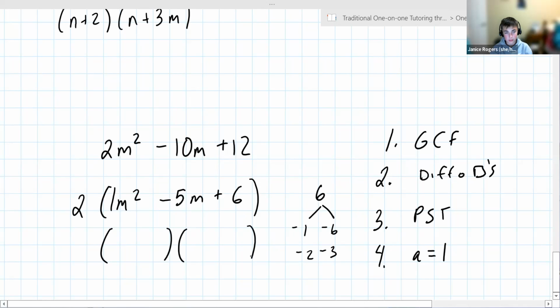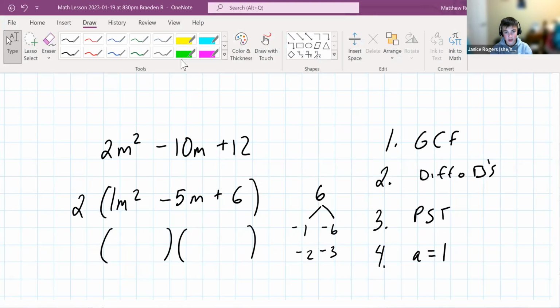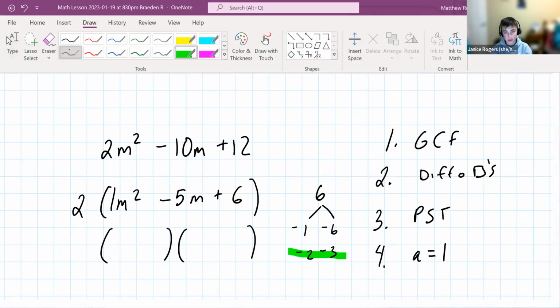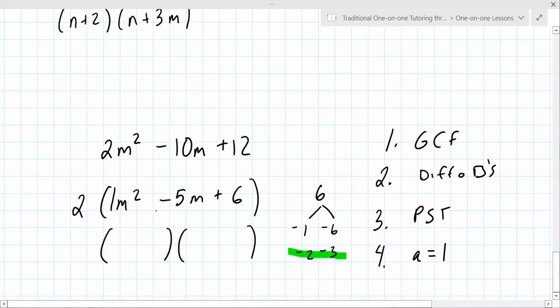I think it's m minus 2 and then m minus 3. So you bring the m down for sure, and then you use the two numbers, m minus 2, m minus 3. And then this 2 is brought down.